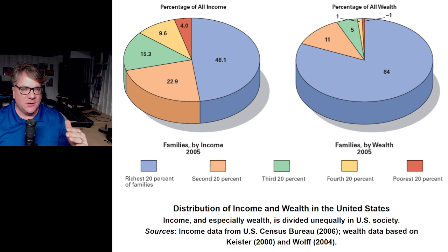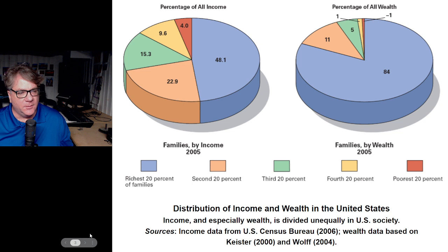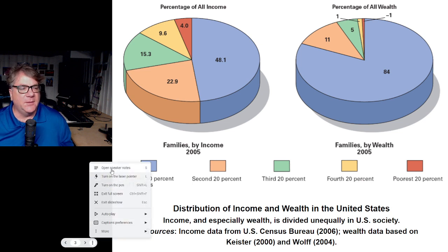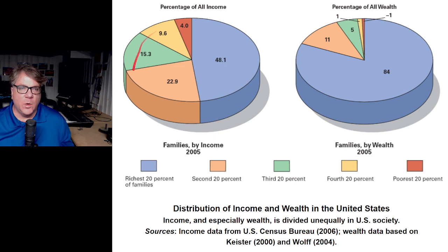Okay. So looking at this first chart, just as an illustration, these two pie charts, you're looking at income in one. Let me turn on my laser pointer. I love my laser pointer. You have income in one, wealth in another. These are two different pie charts.